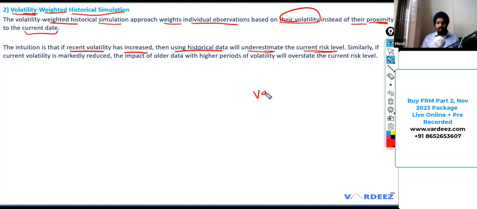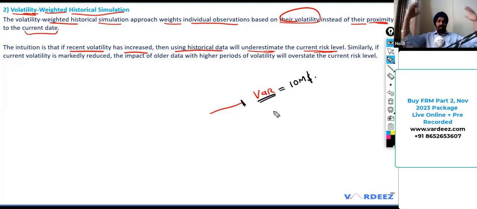Let's say you calculated the VAR up until today, and then later there's news that something has happened, some kind of event that suddenly spikes the volatility up. Your estimate of VAR may be, let's say, $10 million, but the current volatility is much higher.